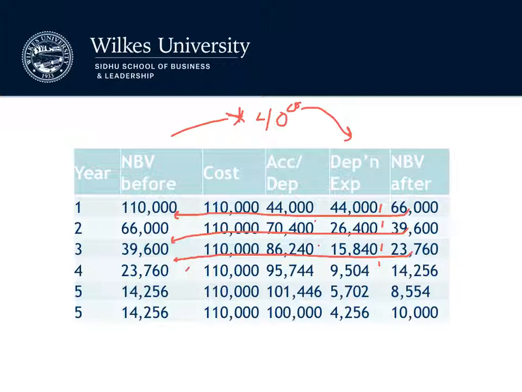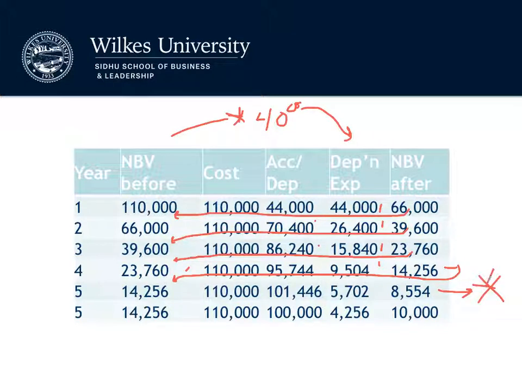That gives us $95,744 as accumulated depreciation, and a net book value at the end of $14,256. That becomes our net book value for the beginning of year 5. 40% of that is going to make our depreciation equal to $5,702 and make our net book value of $8,500.